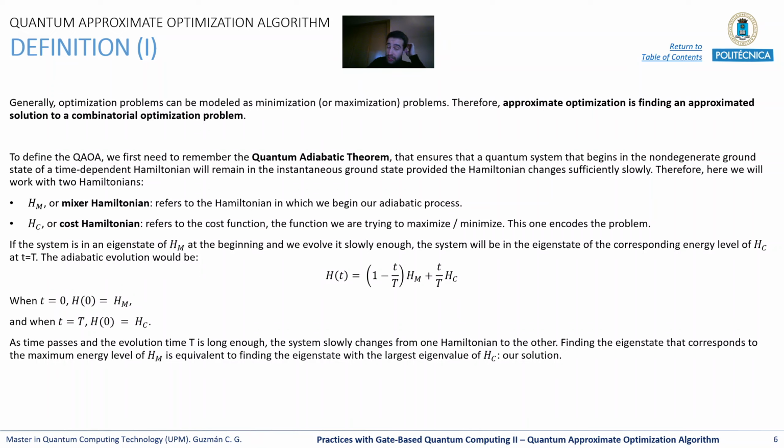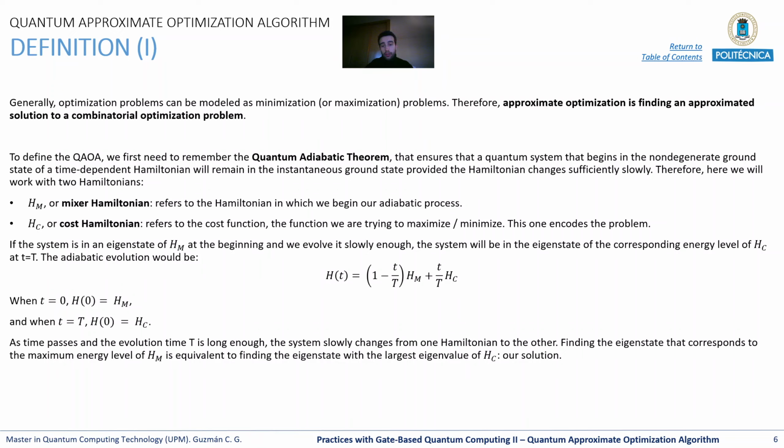So the general expression for a Hamiltonian that is depending on time, that we use from the quantum adiabatic theorem, is this one. Here you can see that when t equals 0, that is when we start the process, the Hamiltonian we will have will be the mixer, and when we finalize it, as we've said, the Hamiltonian will be the cost one.